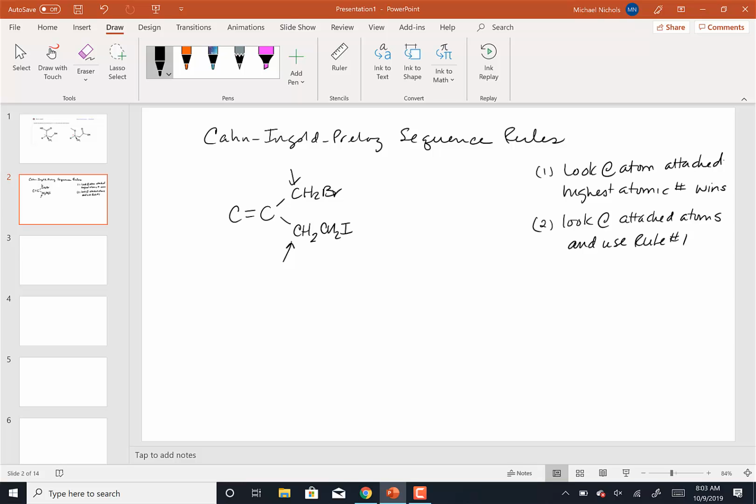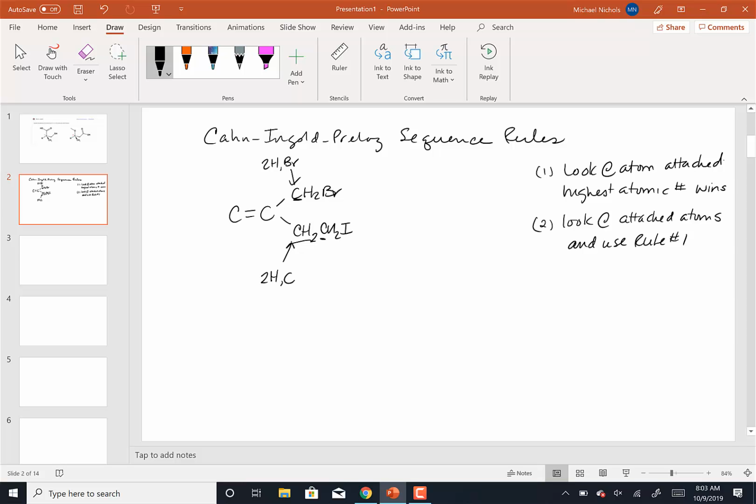So when I'm looking at the CH2Br, what do I have attached to this carbon? I've got 2 H's and a Br. Down here, what do I have? 2 H's and that's C. So then I look at the total number of atoms that are there.